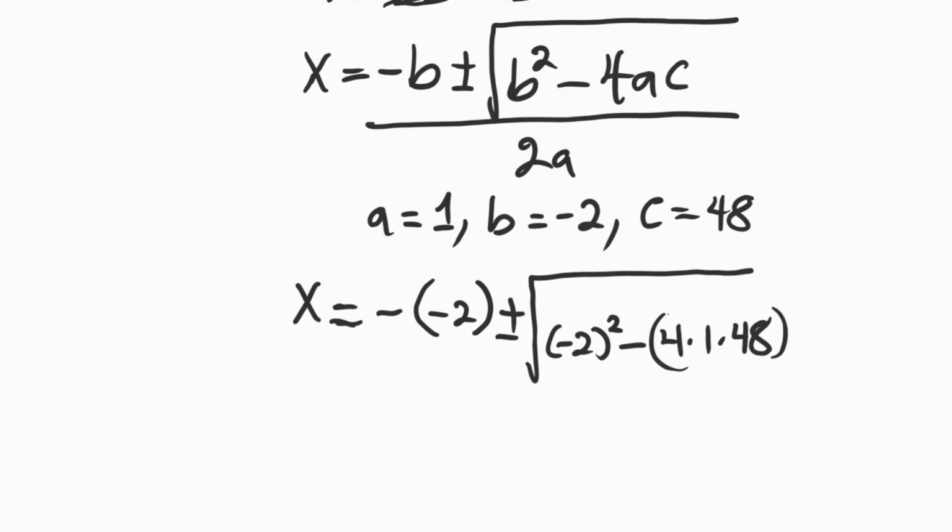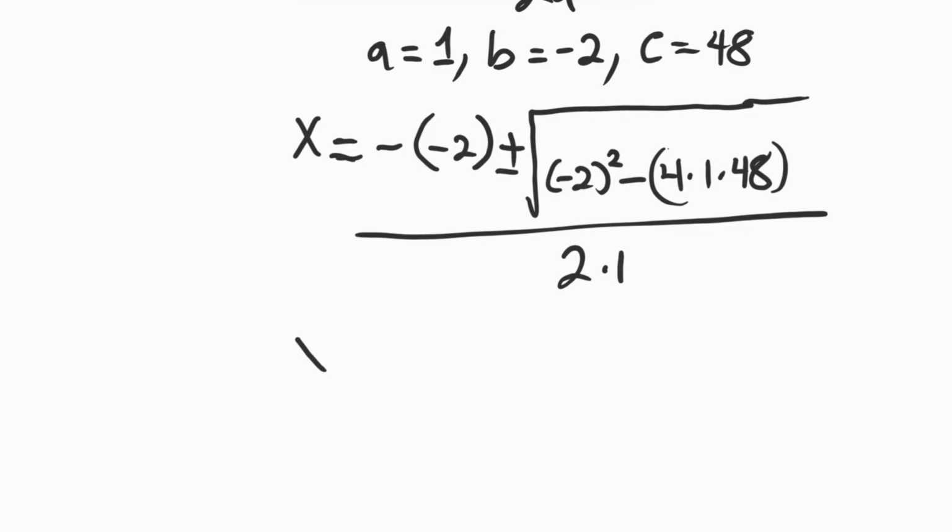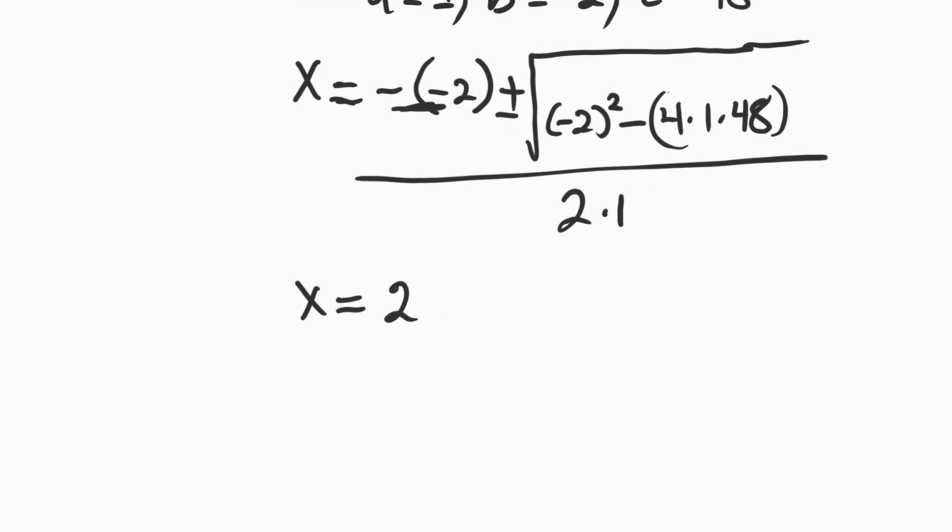Let's put that in bracket, divided by 2a. a is 1. So our x now is equal to minus times minus will give us positive 2. So we'll just write that as 2 plus or minus the square root of minus 2 squared, which is 4. Minus 4 times 1 times 48.